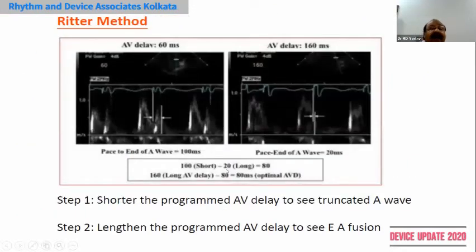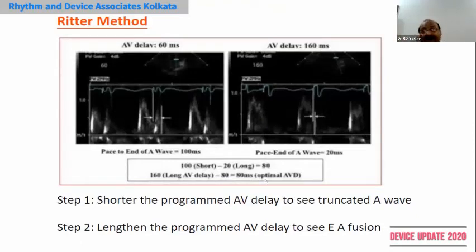So you measure the Q from surface ECG to A at 60 milliseconds and 160 milliseconds. In AV 60 it is 100. You minus this interval 20 milliseconds, so it becomes 80 milliseconds, and in long AV interval minus 80, so 80 milliseconds will be the optimal AV delay.